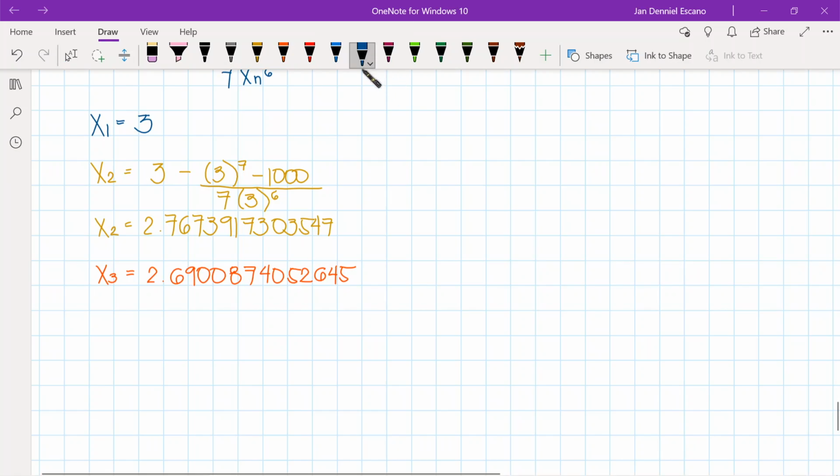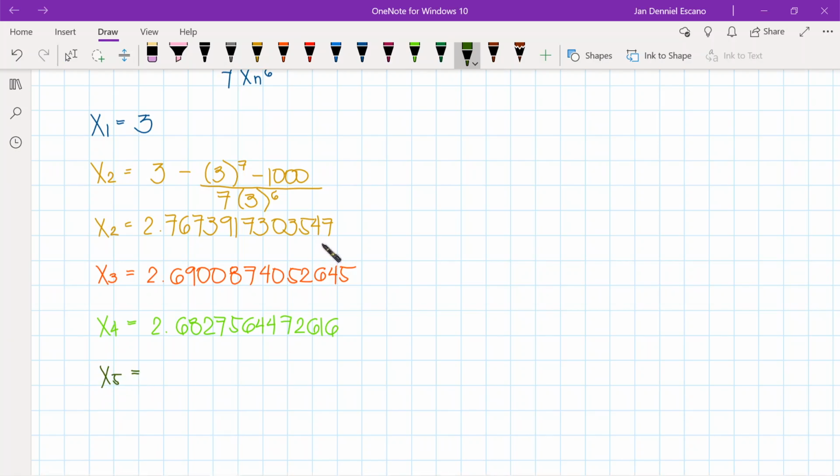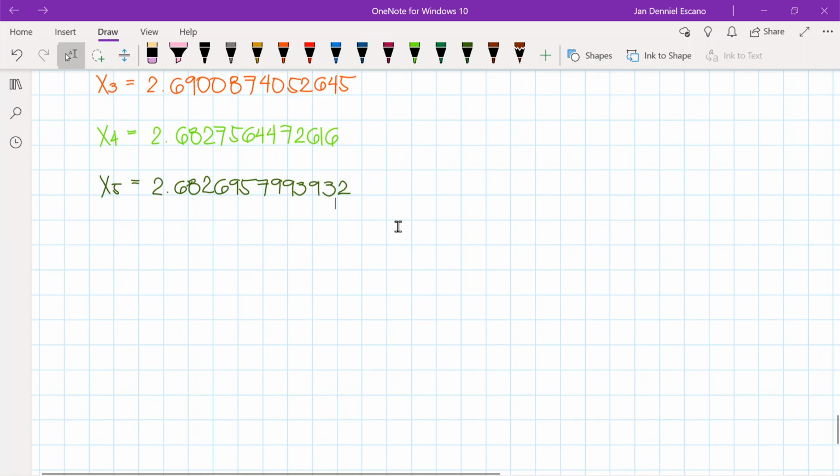And if we continue with our iterations, say we want to find x sub 4, the answer will be 2.68275644 72616. And if we try one last iteration for this, the answer will be 2.6826957993932.